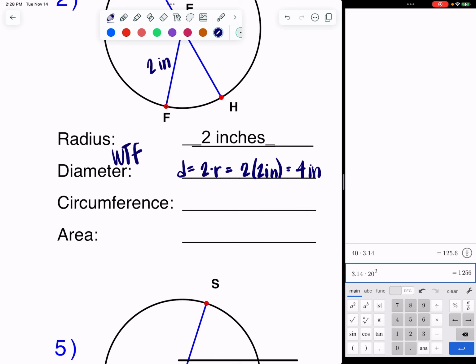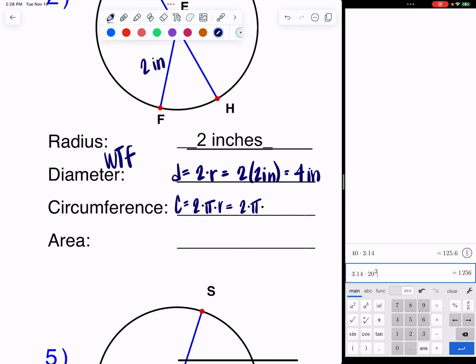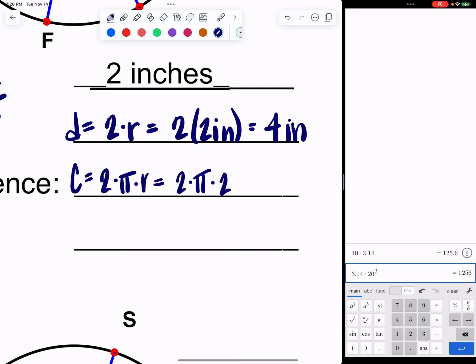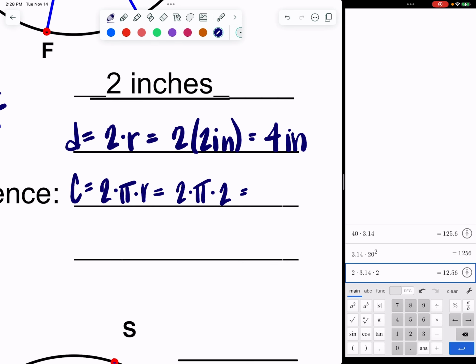The next one we need is circumference. So again, WTF, write the formula. Circumference is 2 times pi times the radius. Well, 2 isn't going to change its value, pi isn't going to change its value, and our radius was 2 inches. So I'm going to plug it in just like it looks. 2 times 3.14 times 2. So I get 12.56.